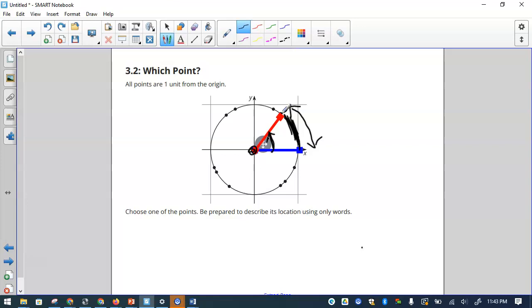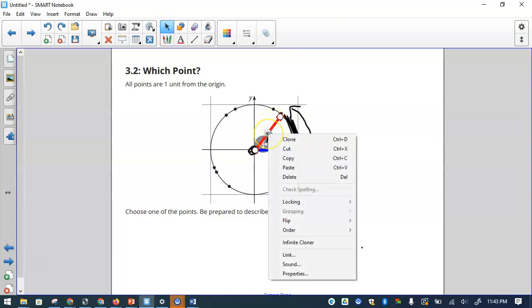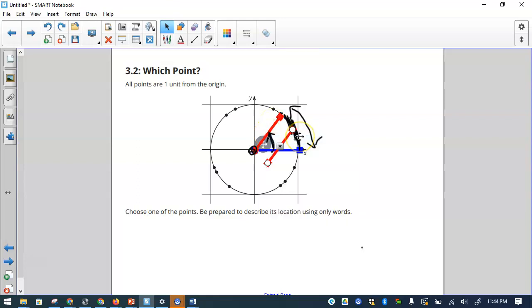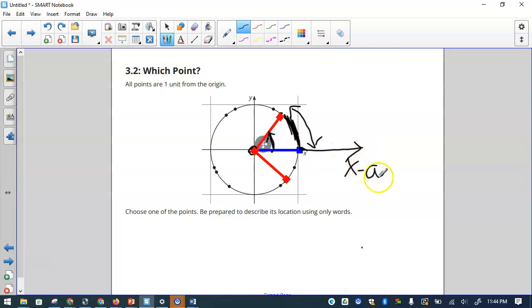So let me see if I can clone one more. So let me take this point. So this point, you can take the other side. They are reflection over the x-axis. So this is the x-axis.